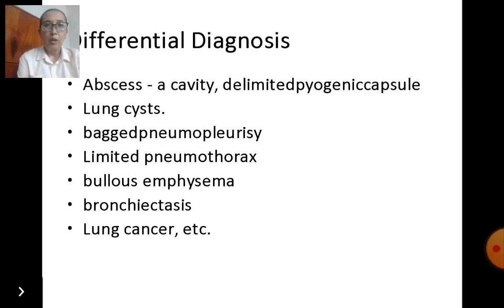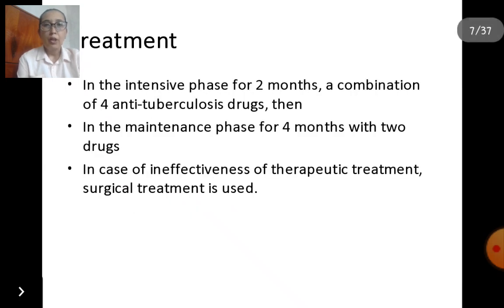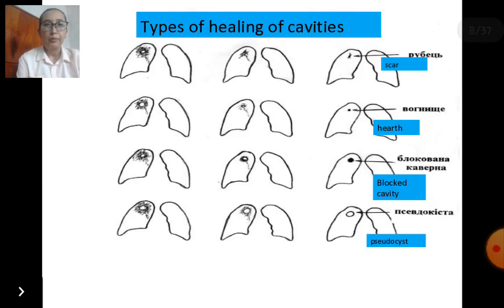Differential diagnosis must be done with abscess, a cavity with a pyogenic capsule, lung cyst, limited pneumopleurisy, limited pneumothorax, bullous emphysema, bronchiectasis, lung cancer, etc. Treatment in the intensive phase is for 2 months, a combination of 4 anti-tuberculosis drugs, then in the maintenance phase for 4 months with 2 drugs. In case of ineffectiveness of therapeutic treatment, surgical treatment is used.